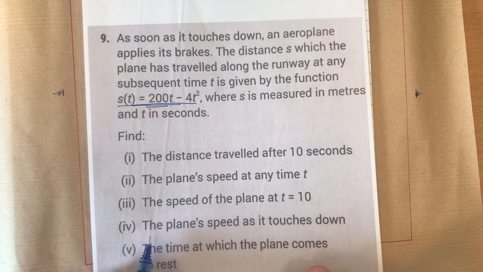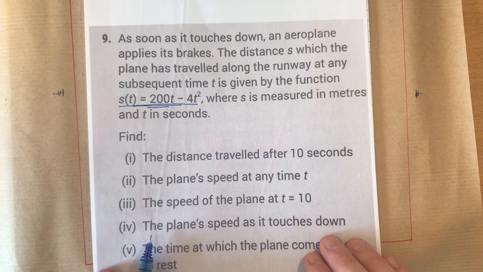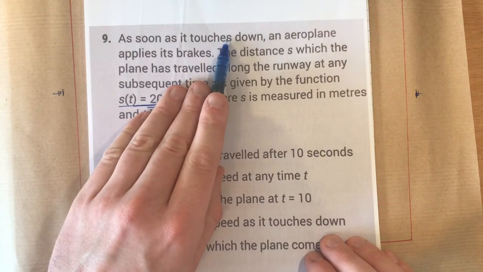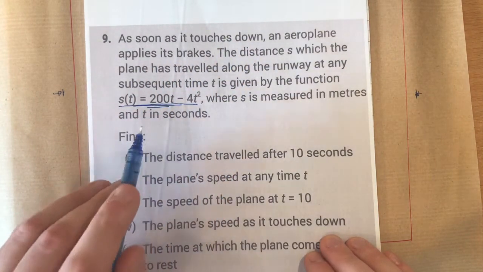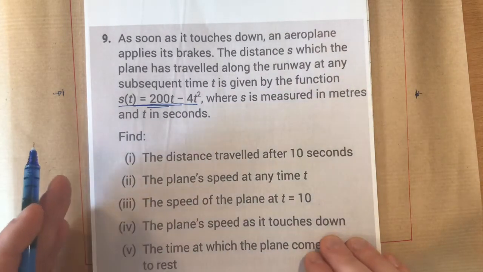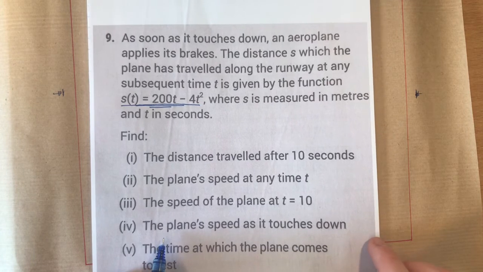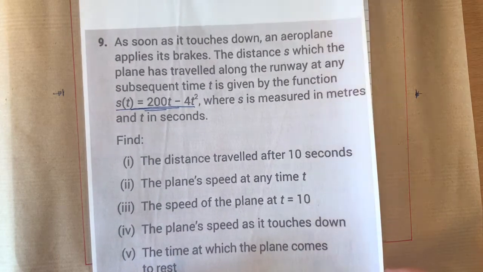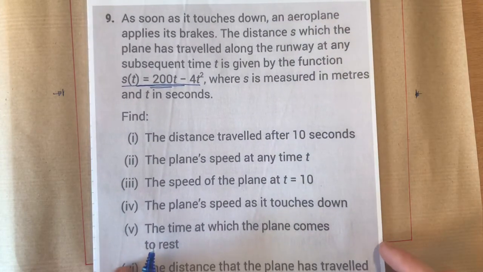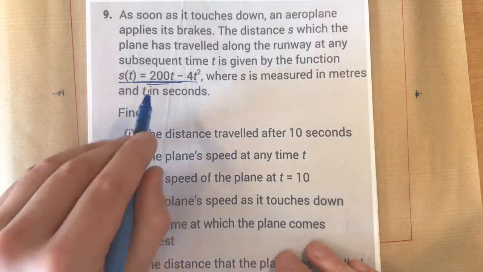Now, the next question here: the plane's speed as it touches down. Let's read this question again. As soon as it touches down, an airplane applies its brakes. So this formula begins as soon as the plane touches down. So how many seconds have passed when the plane touches down? The formula starts working when the plane touches down.